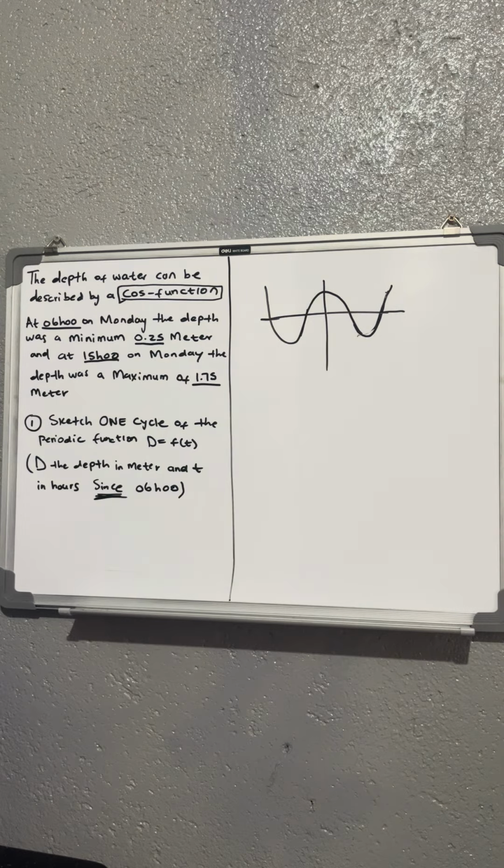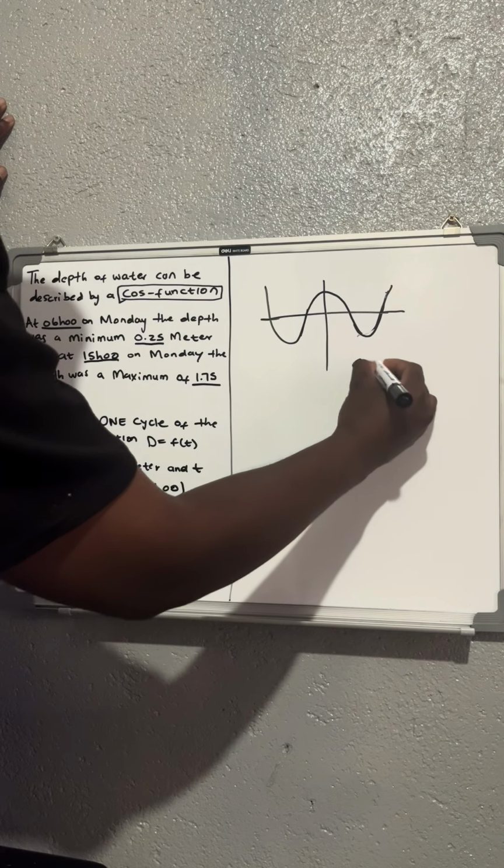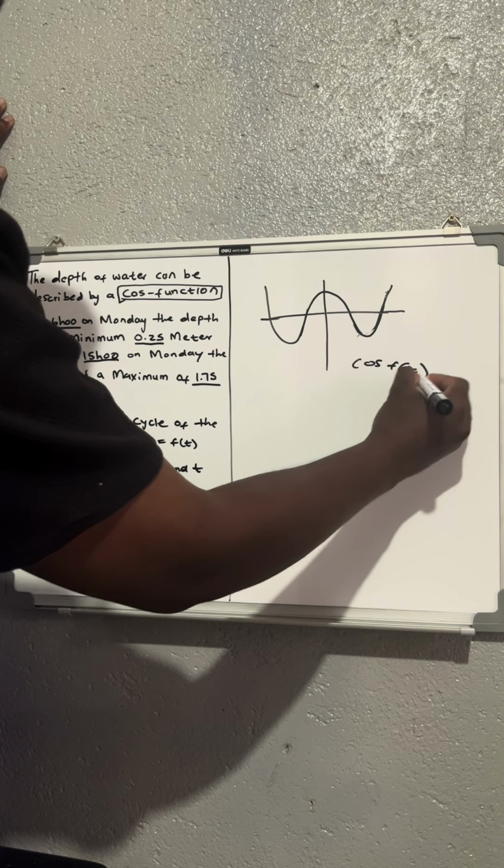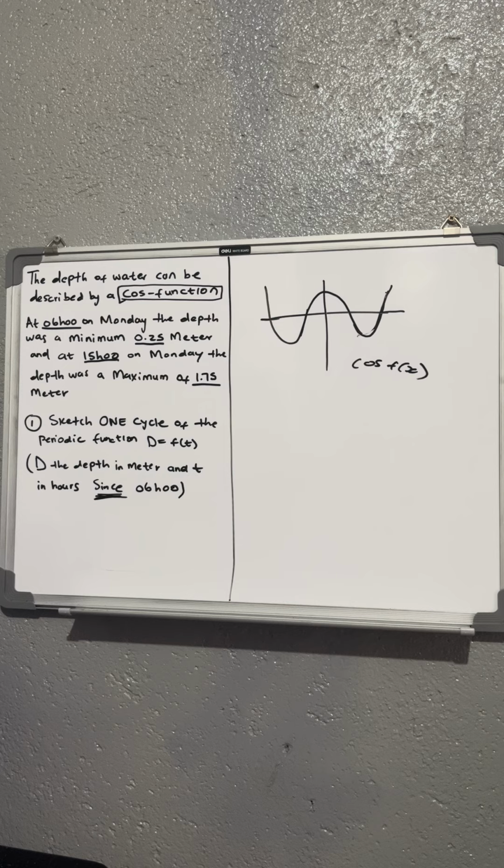Then it's more like a W. This would be your normal cos graph, you see.